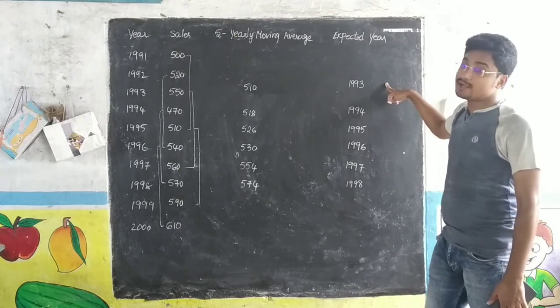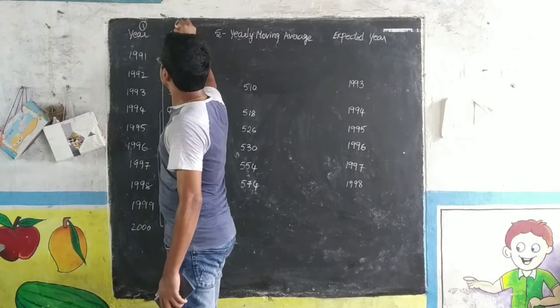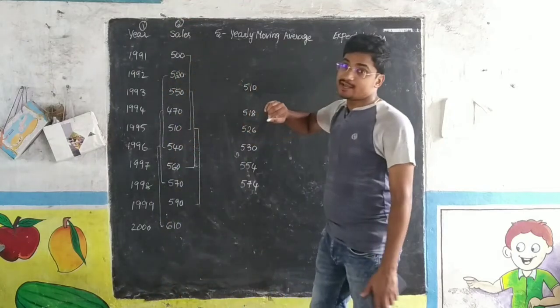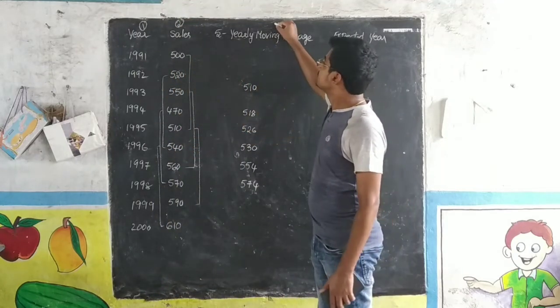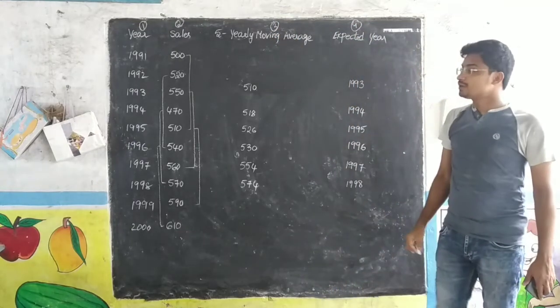First we have to draw a curve by using the first and second columns. Next we have to draw a trend line by using the third and fourth columns.